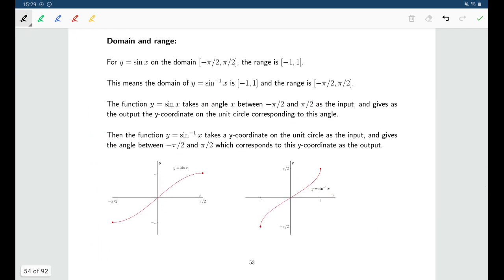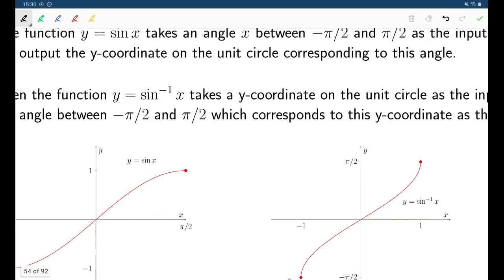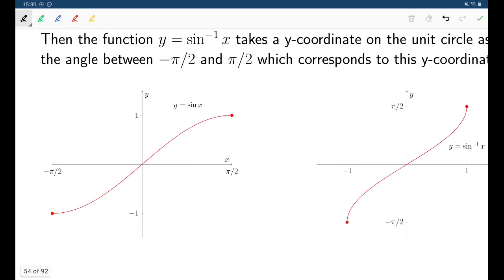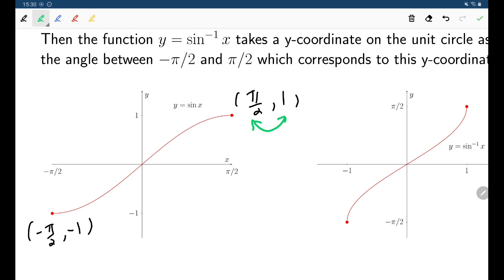So things, of course, that we can imagine out of this, we know, for example, this sine function has a couple of nice points. You've got the point pi over 2 comma 1, and you've got the point negative pi over 2 comma negative 1. So that means that for sine inverse, it should exchange those inputs and outputs. You should have the point 1 comma pi over 2, and you should have the point negative 1 comma negative pi over 2.